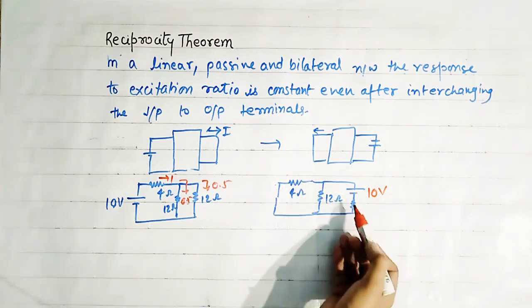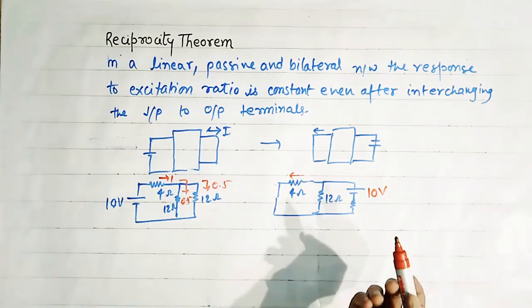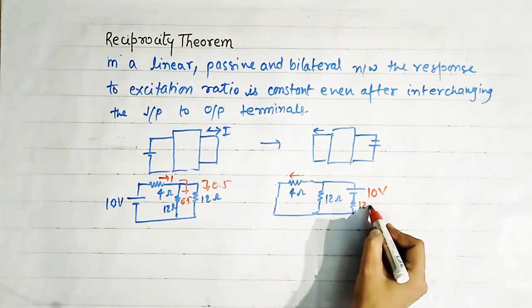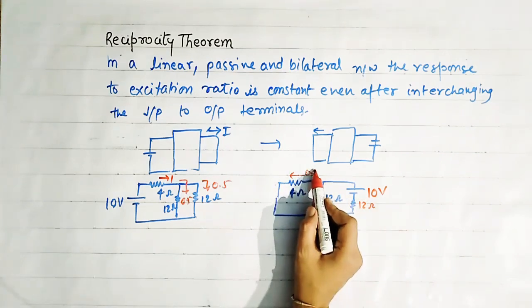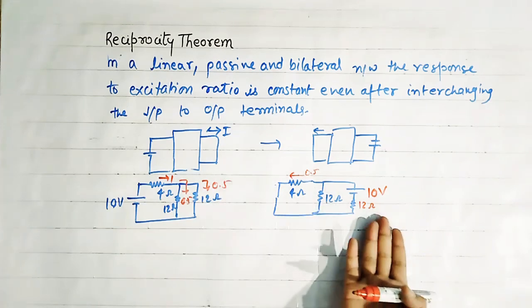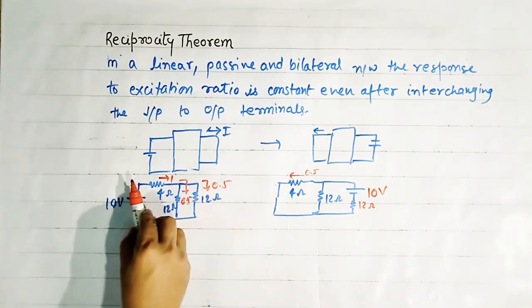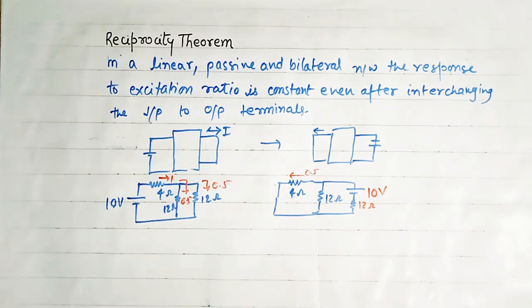Then here if you find the current, in this branch, this is 12 ohm, current in this branch is again 0.5 here. It means if I shift this voltage source here in this branch, then current in this branch is shifted to this branch. So this is the concept of reciprocity theorem.